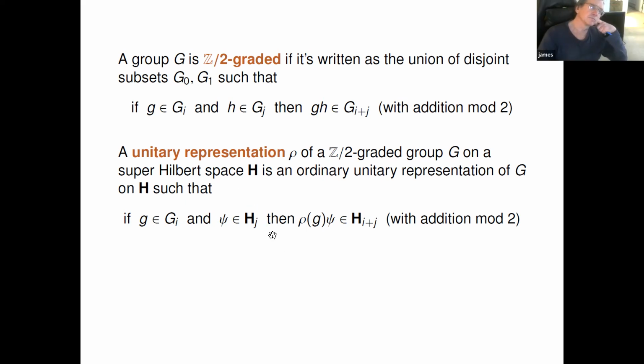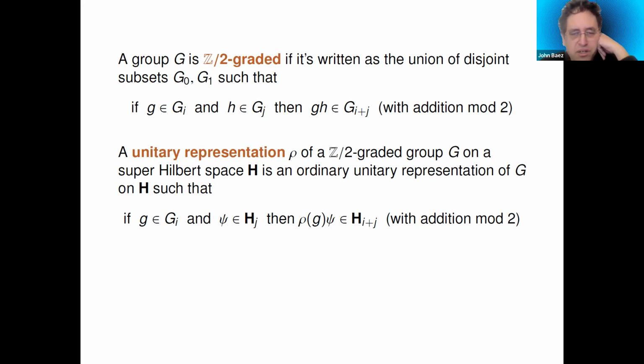Okay, so a unitary representation of a Z2 graded group on a super Hilbert space is just an ordinary unitary representation on the underlying Hilbert space that gets along with this grading in the way I'm indicating here.